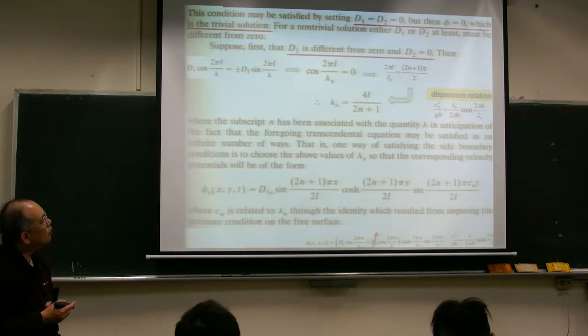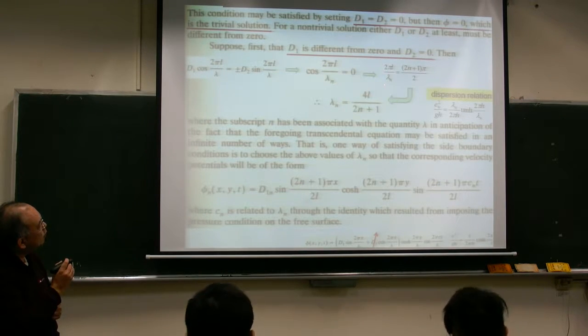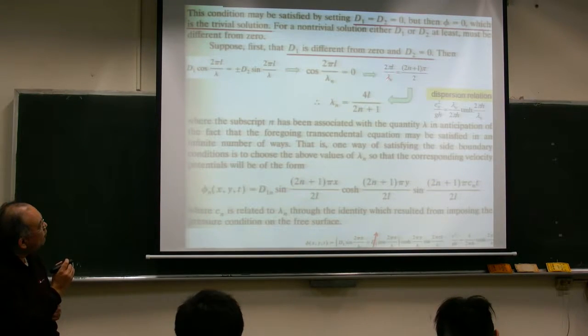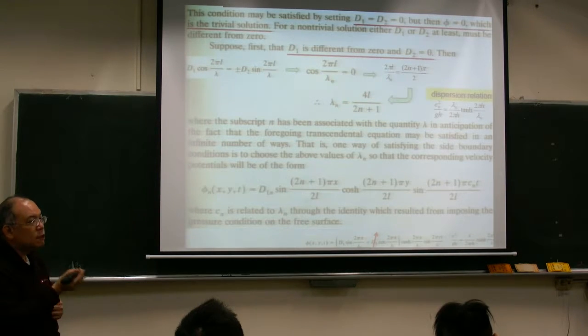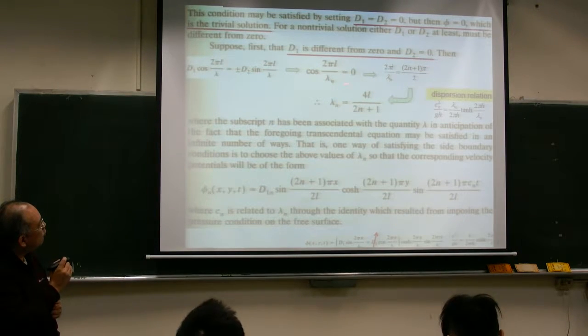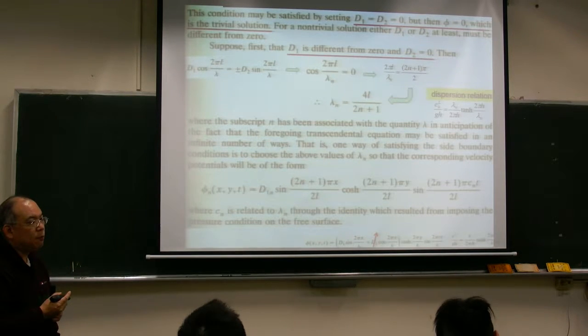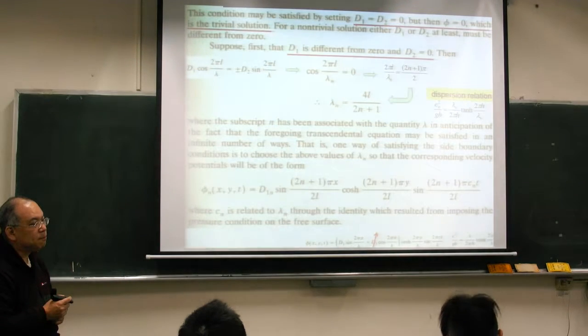So we can define lambda n. Lambda n should be 4L over 2n plus 1, from this equation here. So for this physical problem, for this flow, only certain wavelengths can be sustained or survive inside.